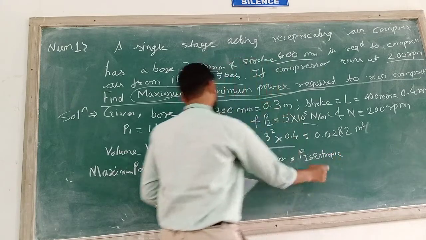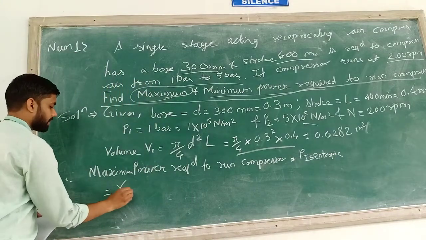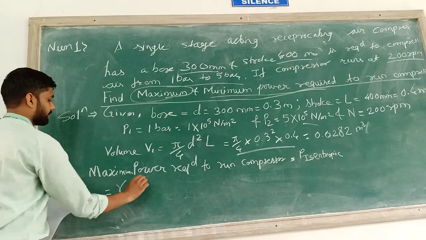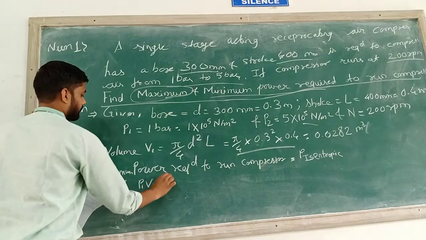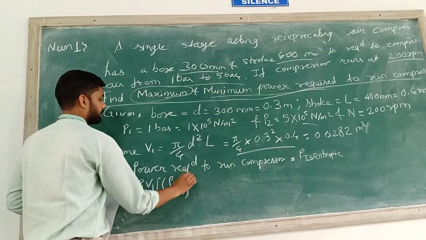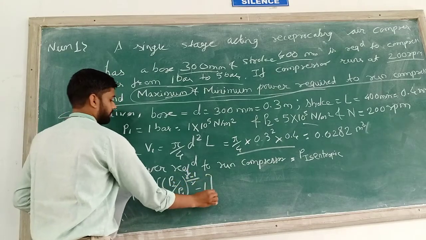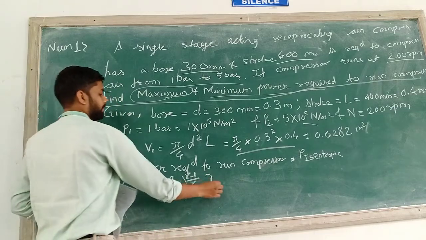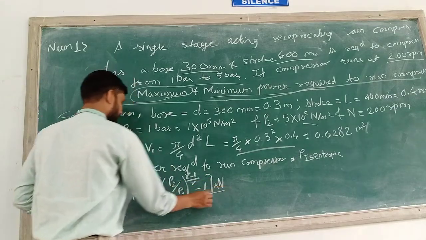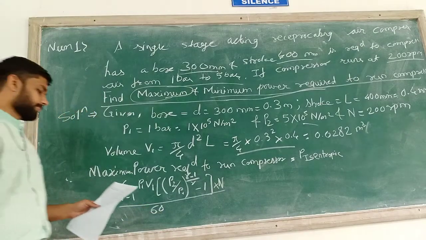You know the formula for isentropic power is gamma upon gamma minus 1 P1 V1, bracket P2 by P1 to the power gamma minus 1 upon gamma, minus 1, into L upon 60. Okay.